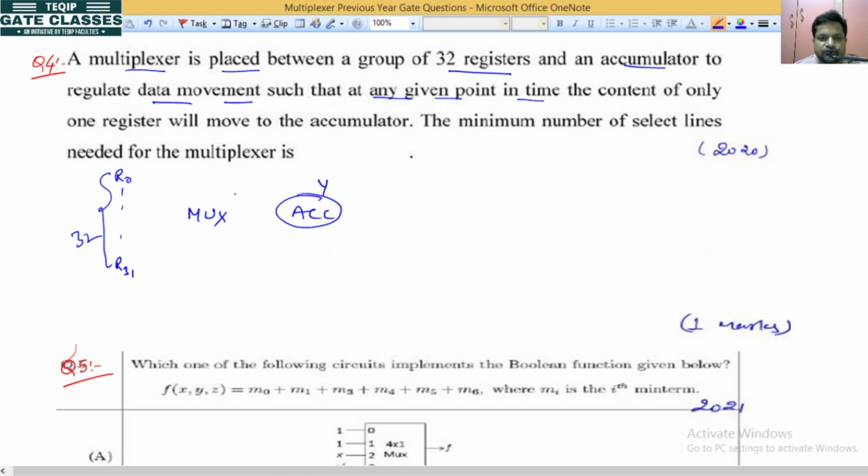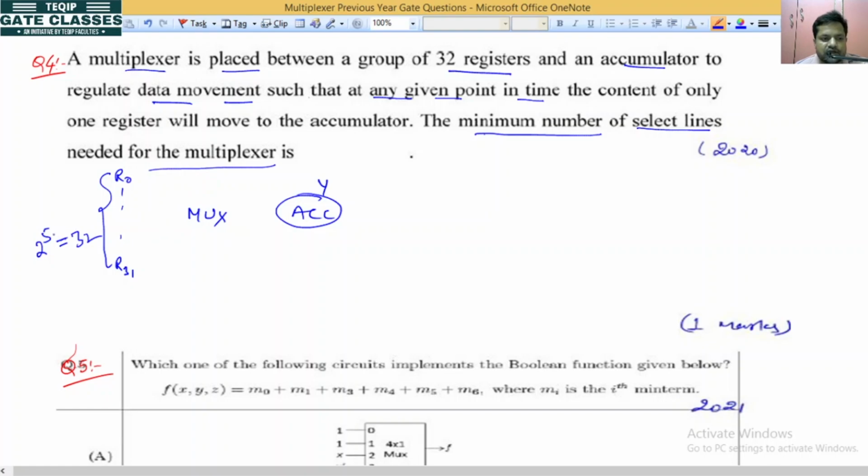Okay. So how many inputs are there? 32 inputs. So you can write it as 2 to the power 5. What it is asking is the minimum number of selection lines needed for the multiplexer.